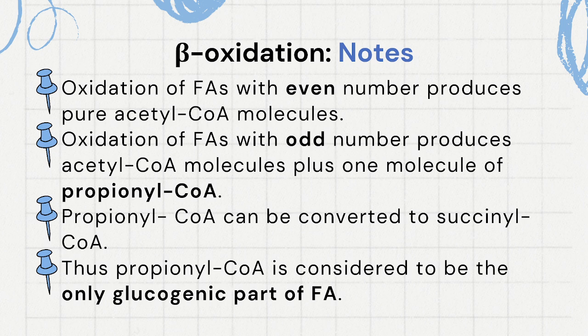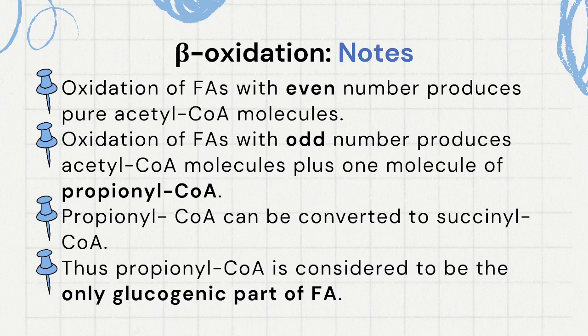Please note that oxidation of fatty acids with an even number of carbons produces, of course, pure acetyl-CoA molecules as products, while oxidation of fatty acids with an odd number will produce also acetyl-CoA in addition to 1 molecule of propionyl-CoA. So the last one will be a 3-carbon molecule, the compound that is propionyl-CoA.